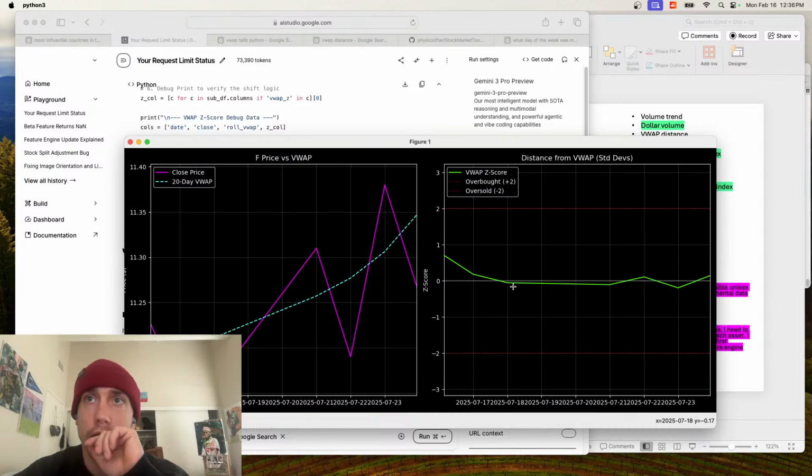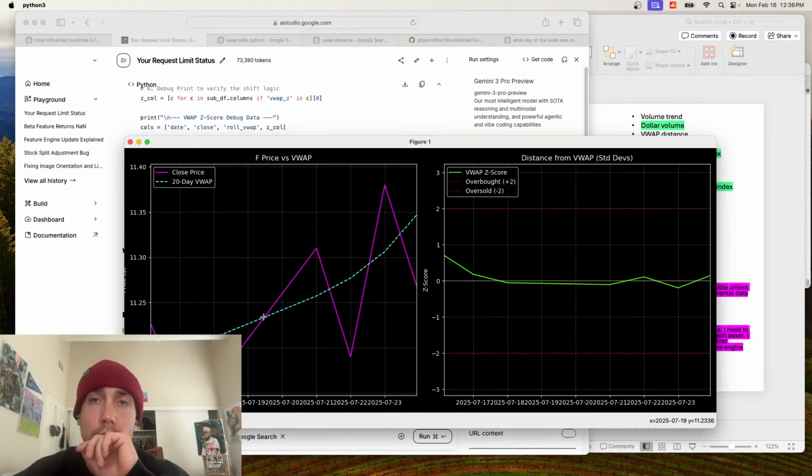Goes above on the 18th. So this should go negative on the 19th. On the 18th, it goes negative. Here it should go negative on the 17th. Oh, so it does go negative on the 18th.